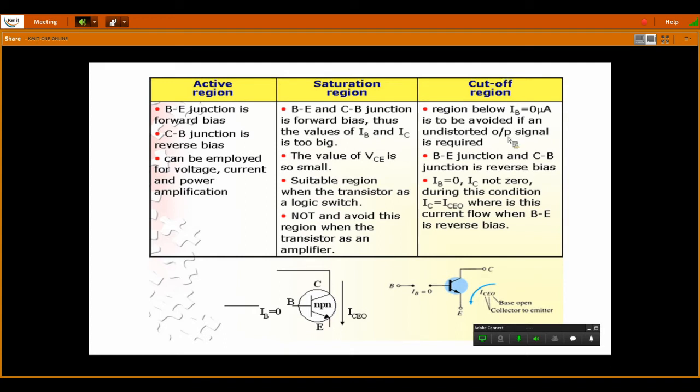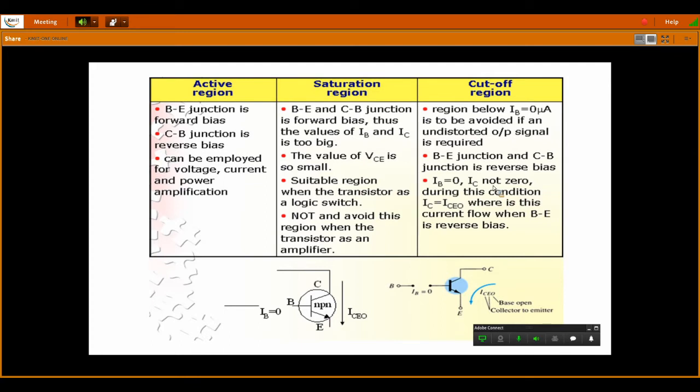Next, the region below the base current of 0 microamps is called the cutoff region, and we can obtain this cutoff region by applying reverse bias to both the base to emitter junction and the collector to base junction. Here the base current is 0, but IC is not 0 at this cutoff region.